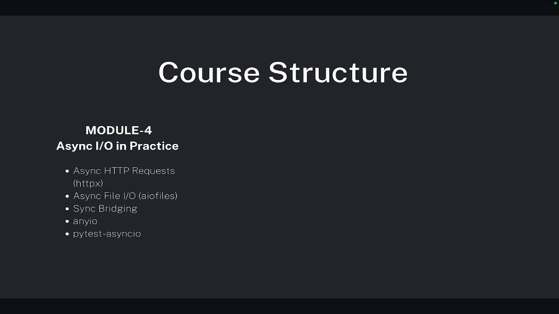In module 4, we will also get introduced to AnyIO independently of FastAPI. And this will be the perfect time to also start testing using pytest-asyncio, which is a pytest plugin and enables testing of async code.